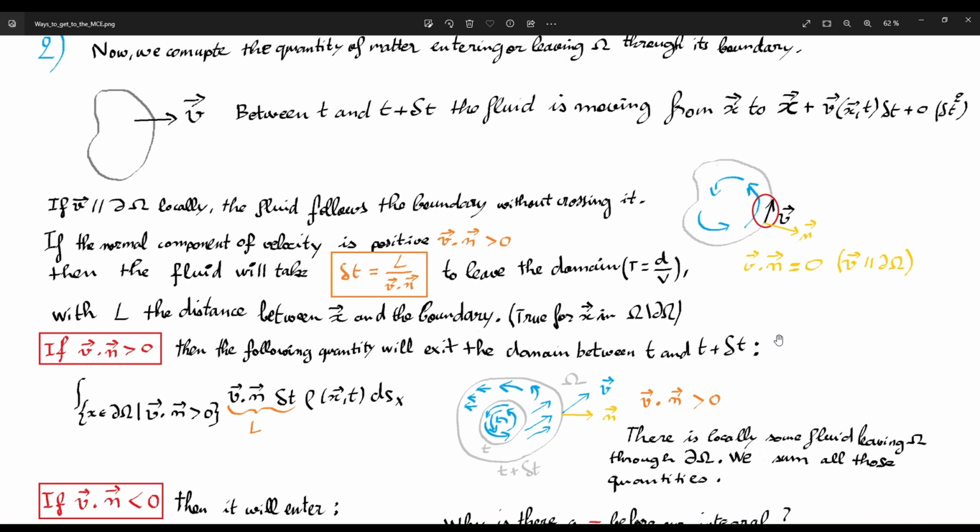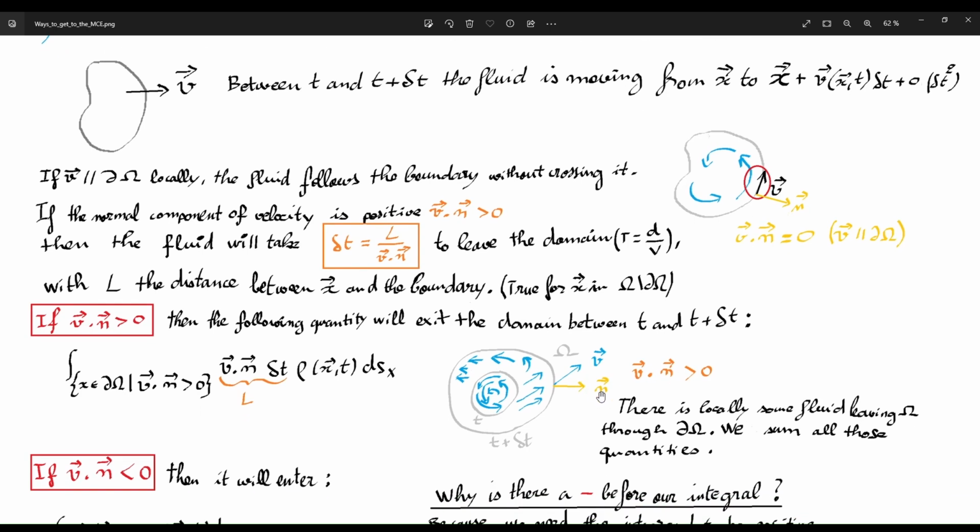On the illustration on your right, you can see there's locally some fluid leaving the domain through the boundary between t and t plus delta t. We can sum these quantities to get our integral. Besides, the larger the dot product of v and n, and the larger delta t and rho are, the more fluid exits the domain.